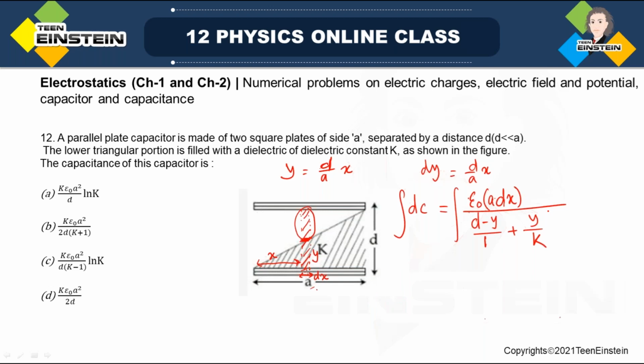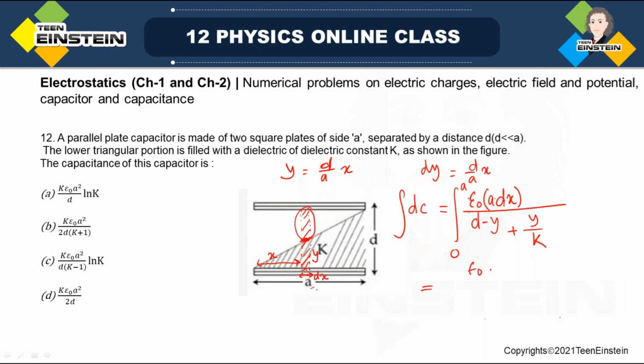All right, so look here. Here we have integration on dx, and dx goes from 0 to a. This goes from 0 to a limit. And what is this y? We have to put the value of y from here. Let me keep this part, this minus y, for the next step.